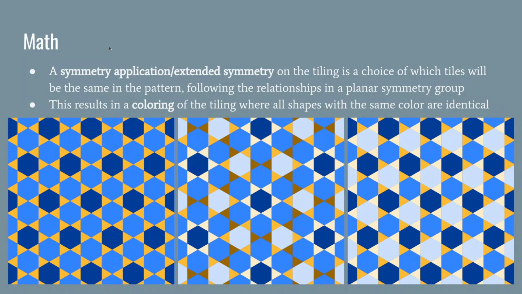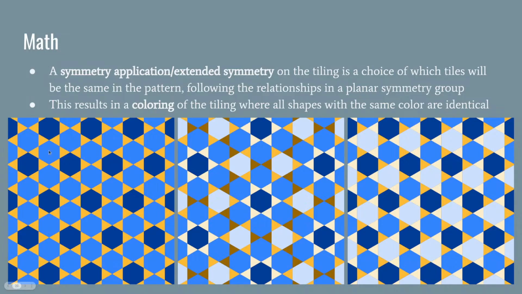then there's symmetry applications on the tiling, which I also call extended symmetry patterns in the tiling. So this is a choice of which tiles will be the same in the pattern. The tiling doesn't tell you which tiles are the same.